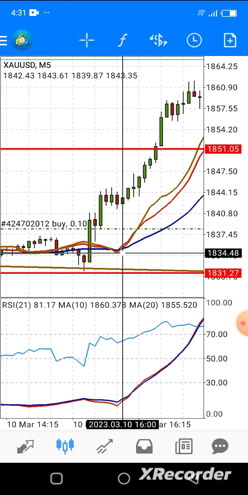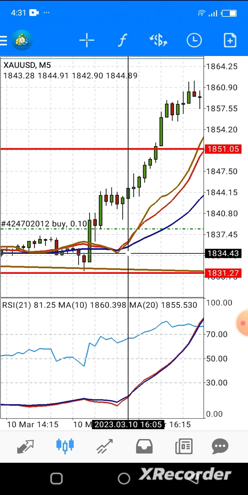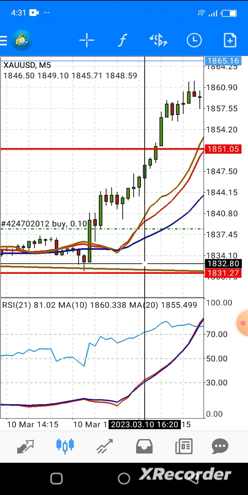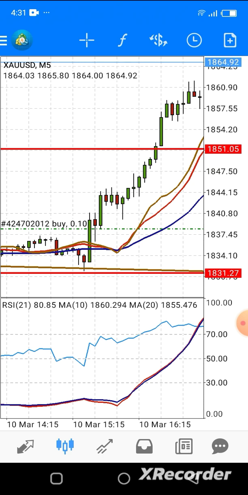The red moving average crossed above the blue moving average. It tells you that yes, something is going on, that upward momentum is about to happen.